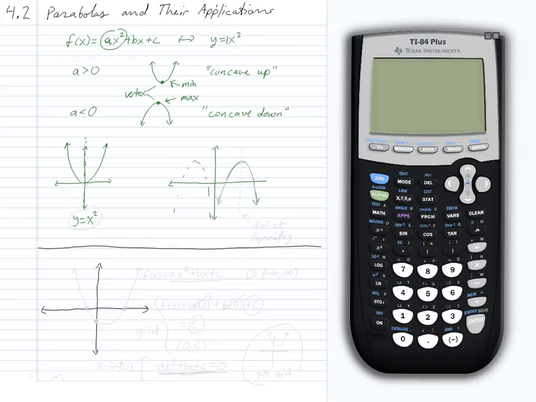So that is not the type of symmetry we're observing here, but if we flip the graph itself across that line which passes through the vertex, we would see the resulting graph would look identical. This thing has mirror images going off on the left and on the right. So we call this line, the vertical line through the vertex, the axis of symmetry.